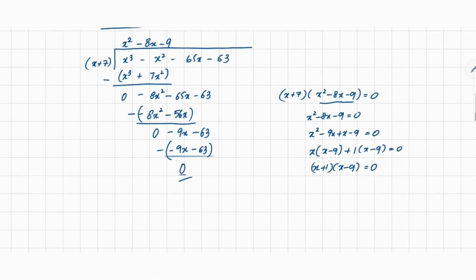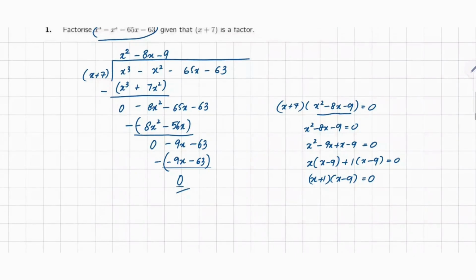So the other factors we have are x plus 1 and x minus 9. Our third factor was given in the question. The roots of the polynomial are given by minus 1, 9, and minus 7.